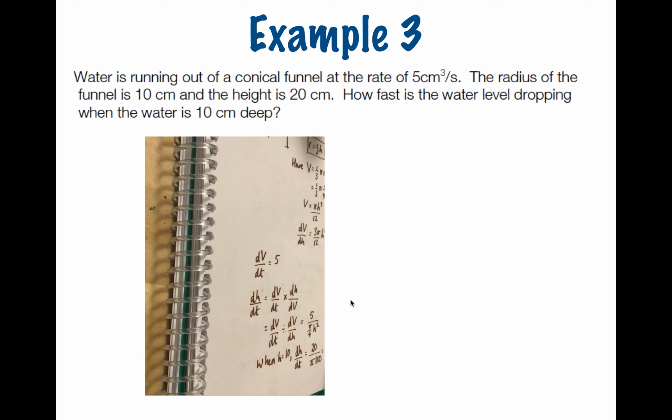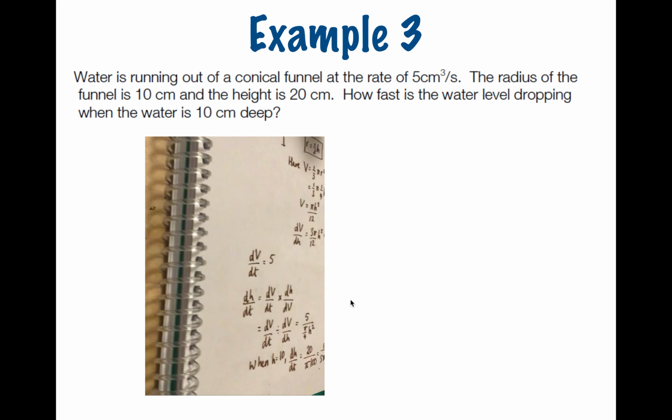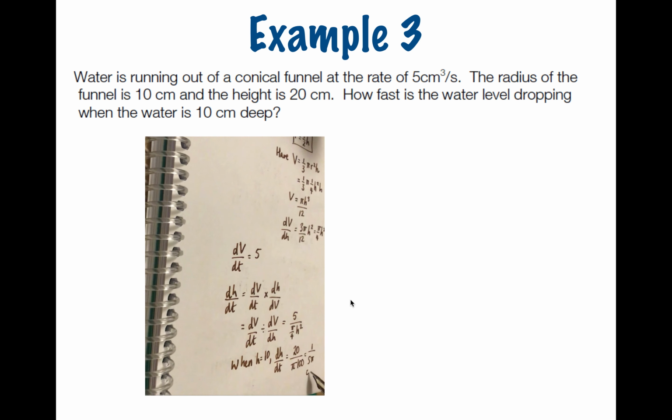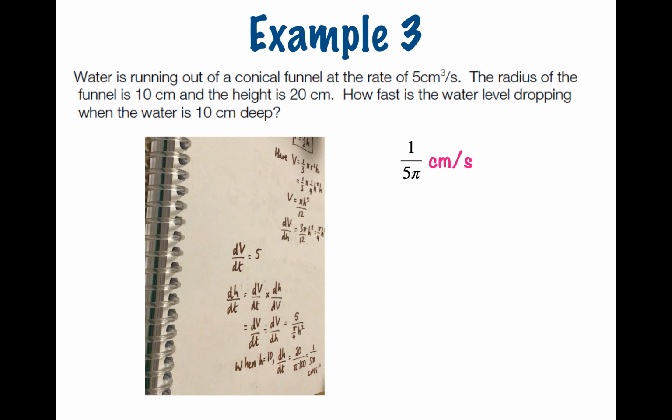There we go, we've got 1 over 5 pi. Thinking about the units, it's a distance over time, so 1 over 5 pi centimeters per second.